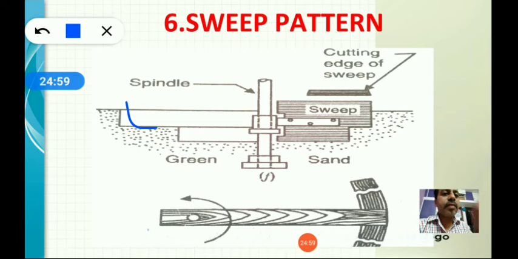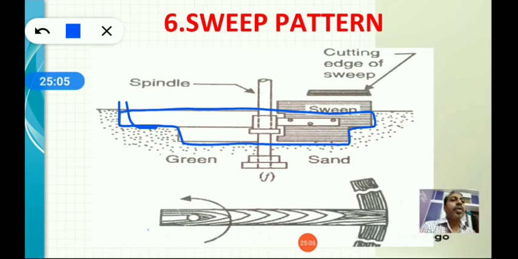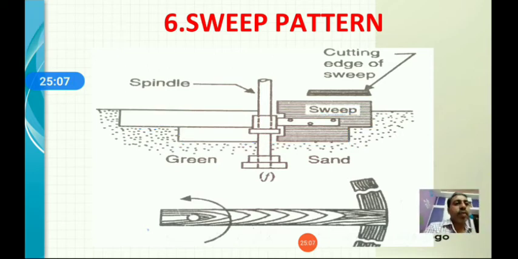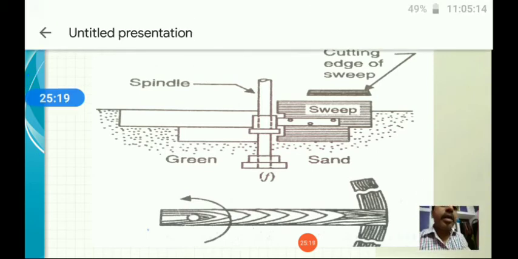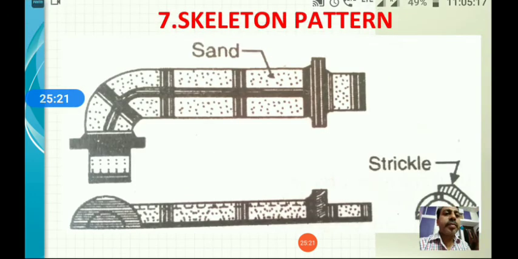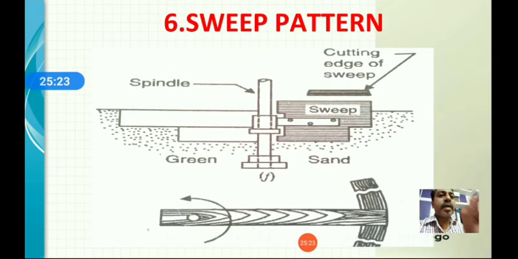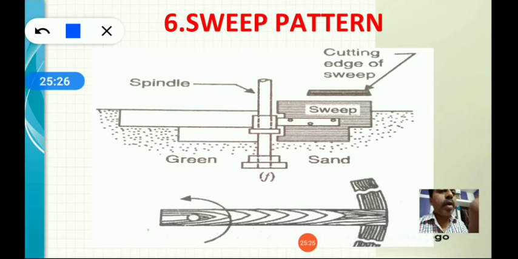Okay, this is our cavity. So this type of cavity is produced through this sweep pattern. So sweep pattern is the pattern in which a central spindle is there and a sweep board is there. But the condition is what? In sweep pattern, the product must be symmetrical.